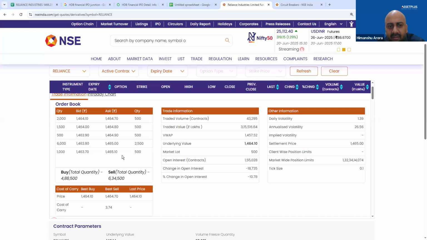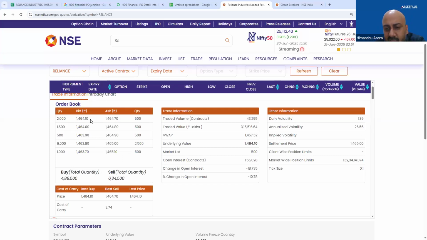And the gap between the buyer and the seller is called the bid ask spread, or simply the spread. The larger the spread, the more illiquid the security is supposed to be. The smaller the spread, the more liquid the security is supposed to be.